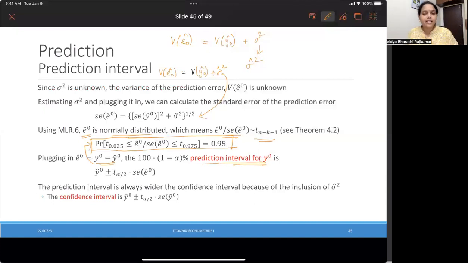That's just a lot of things that I just said. To summarize, once you identify this E naught hat and you write down an expression for its variance, we earlier saw that its expectation was 0, and we have now written an expression for its variance. From MLR assumptions, this error is normally distributed, and therefore we can write its T stat, and that will follow a T distribution.